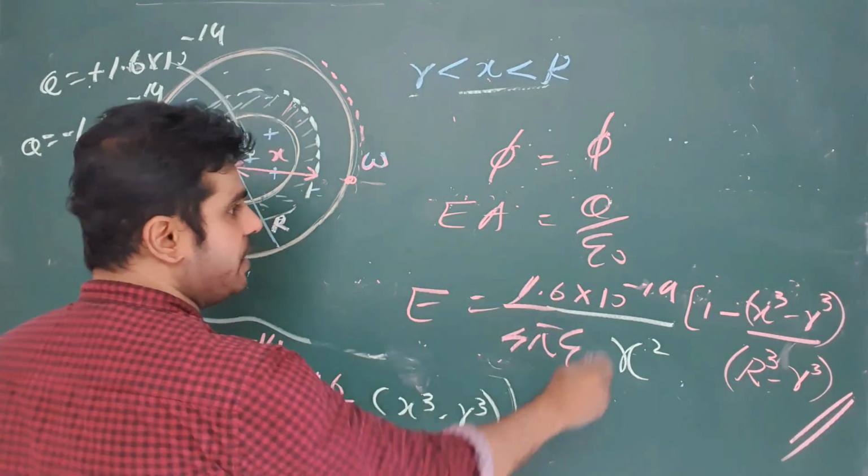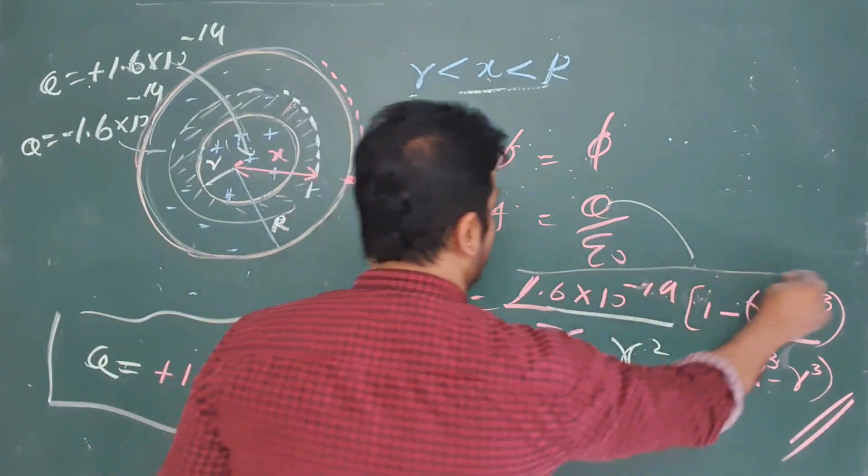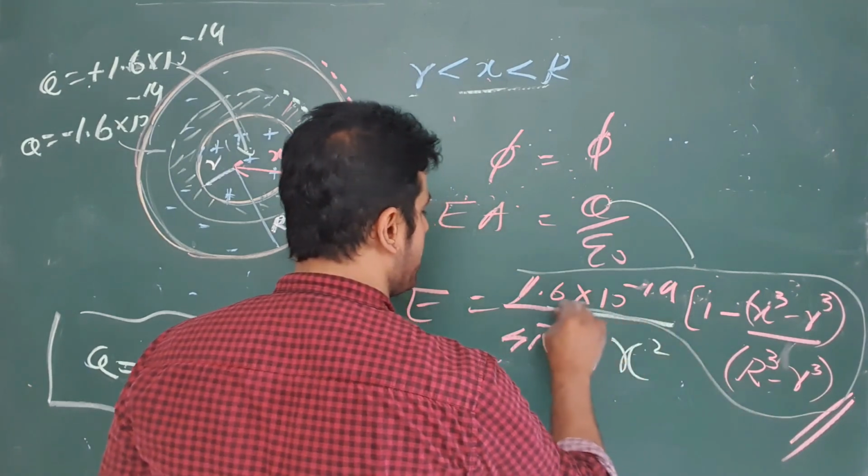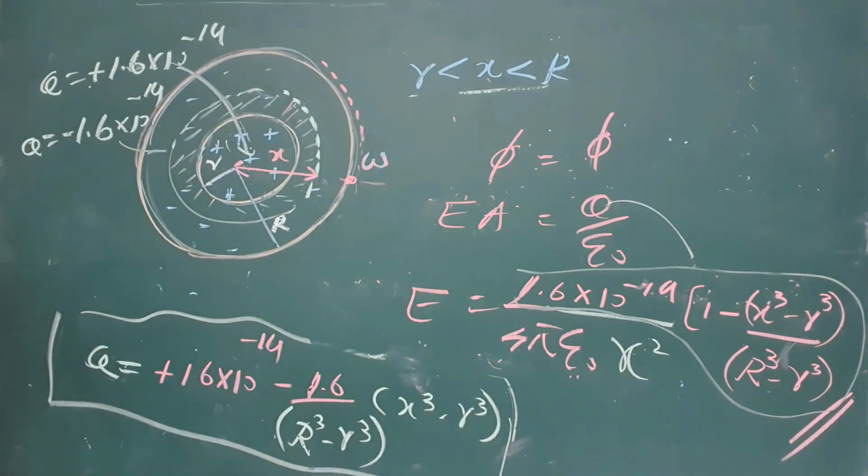This is the charge, the algebraic summation of charge inside the Gauss surface.